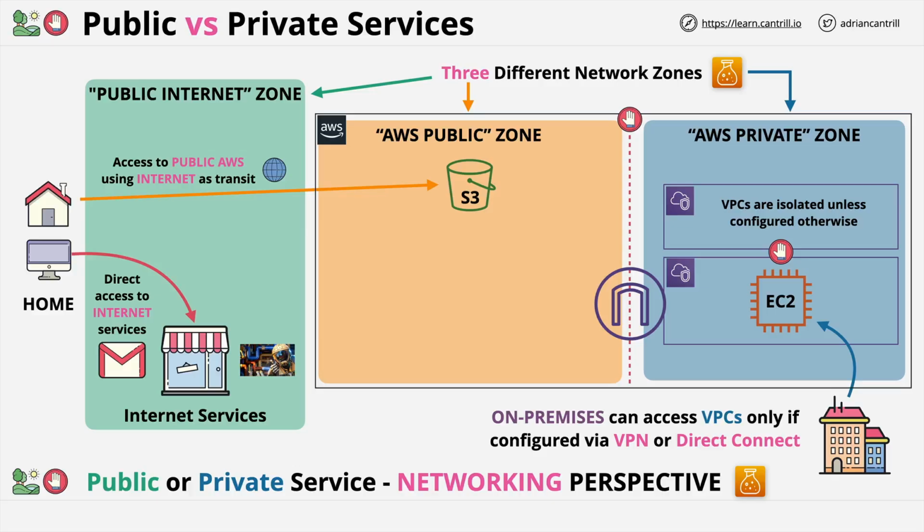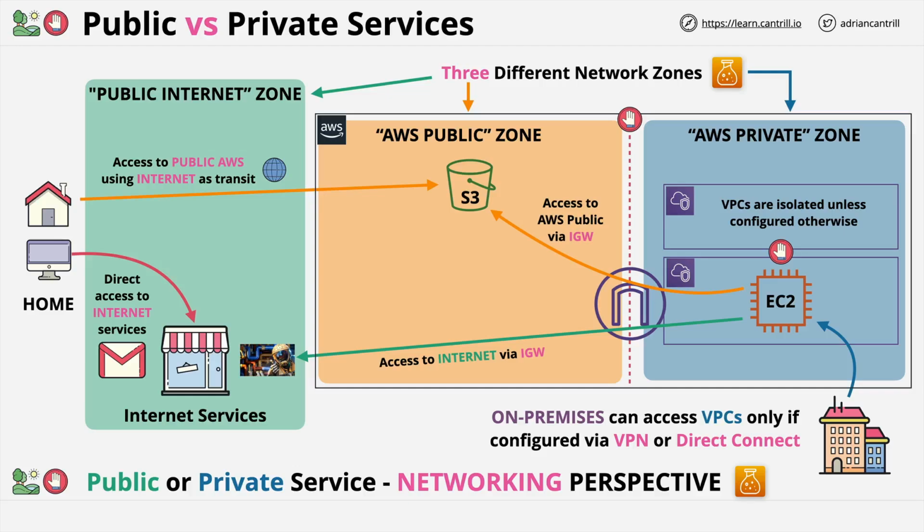First, it allows private zone resources to access the public internet as long as EC2 in this example has an allocated public IP address. It also allows access to public AWS services such as S3, but crucially, and this is important, this data doesn't touch the public internet at any point. It communicates with the public service using the AWS public zone.